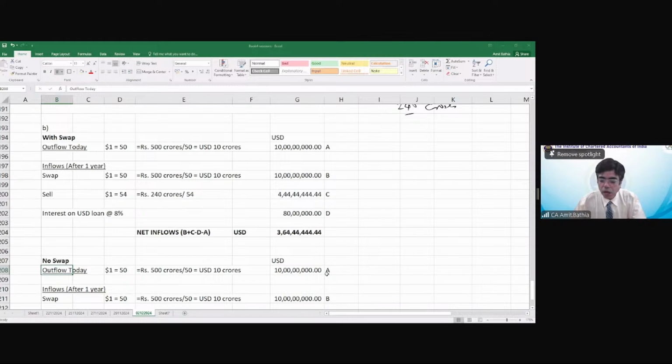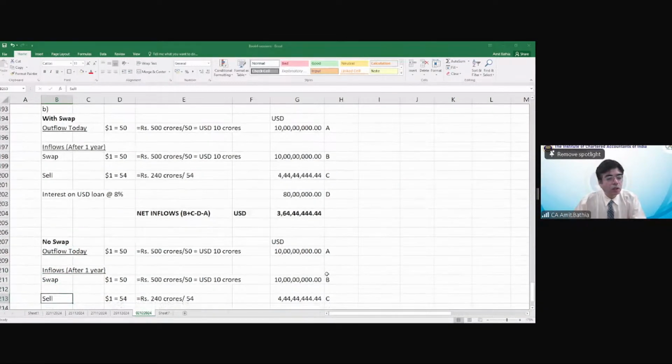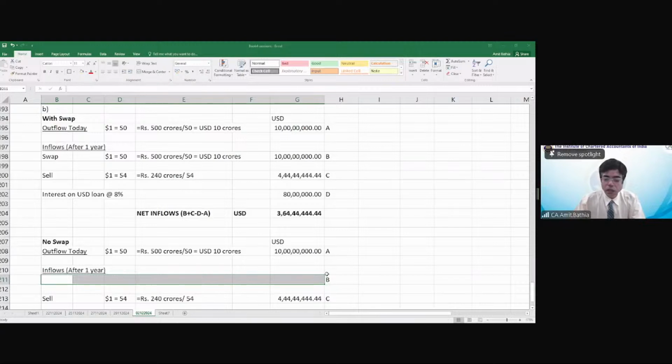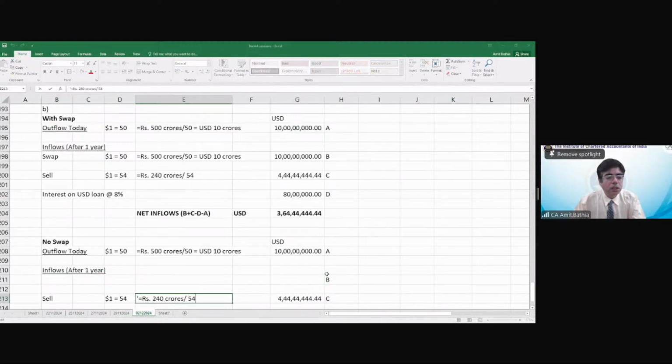If there is no swap, then outflow today remains 10 crores. There is no change in that. Then there is no question of this swap also coming back. Are you with me? Yes, sir. So this entire thing goes away. You are going to now sell how much? 240 or entire 740?